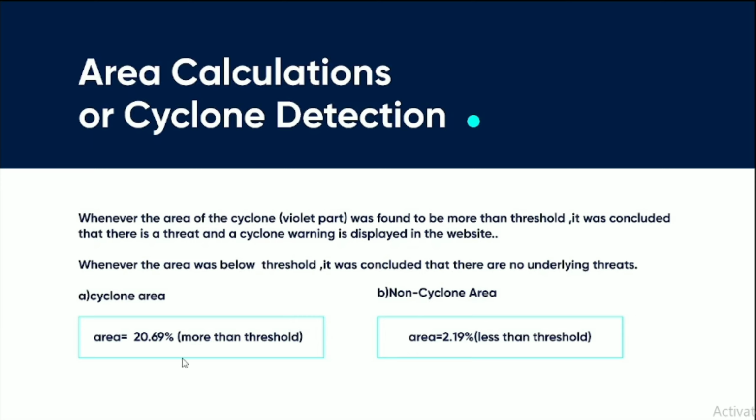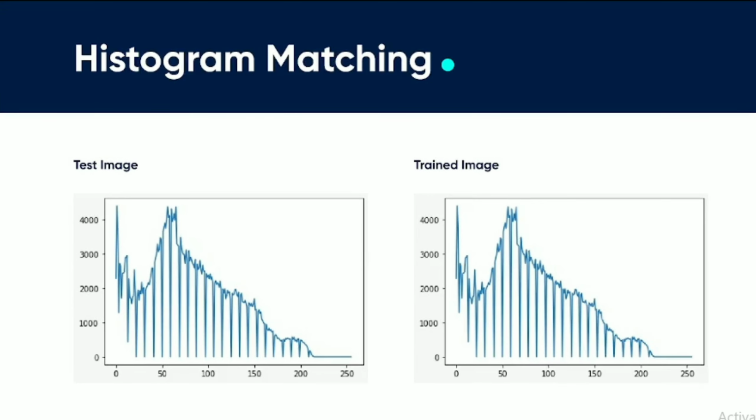Since there is a chance of cyclone here, our next and most important step is estimating the intensity. For estimating the intensity, first of all we need to predict the wind speed.